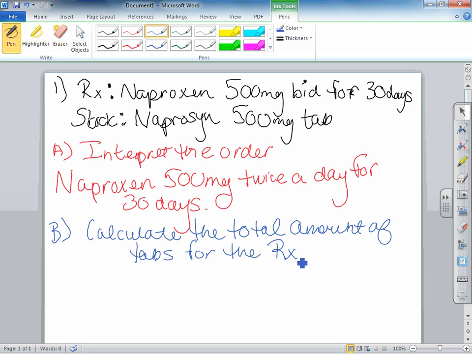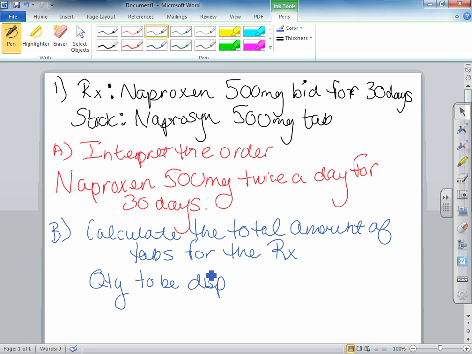There's a formula that I want you guys to remember. If you have your formula sheet, I have these formulas for you in calculating doses. When they ask you to calculate the total amount of tablets for the prescription, you're calculating the quantity to be dispensed.